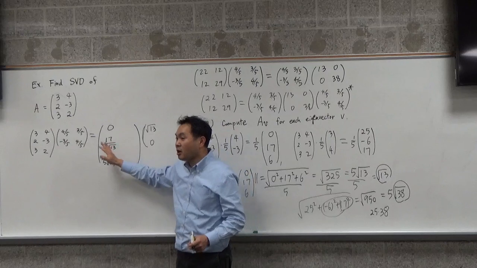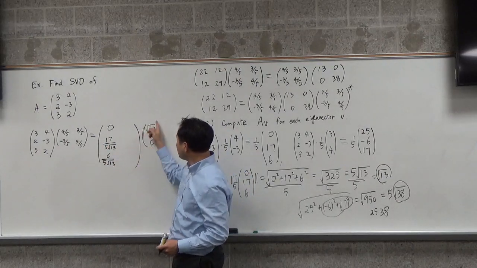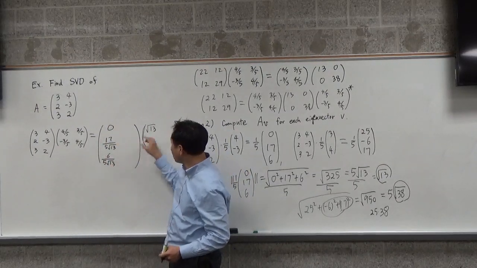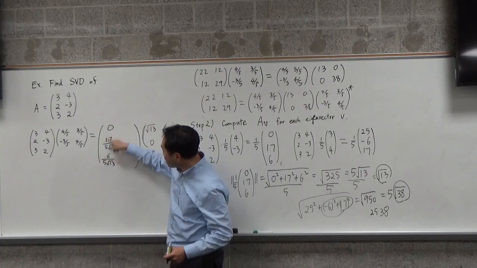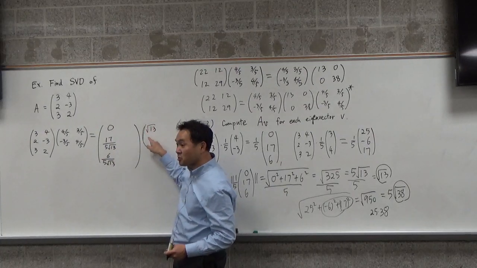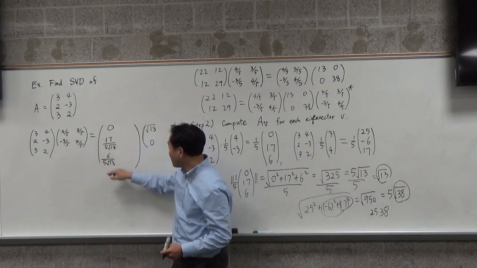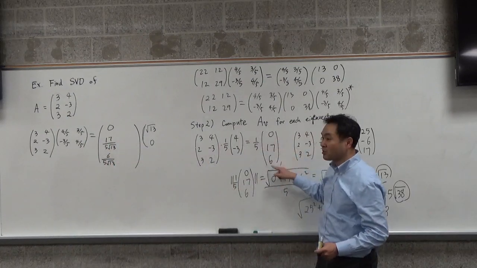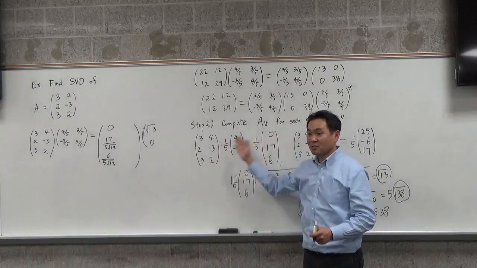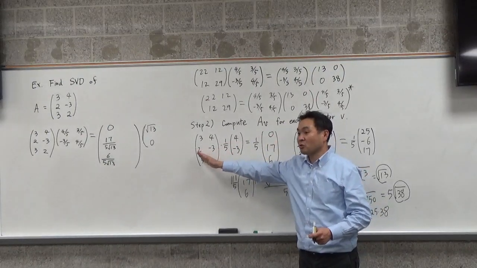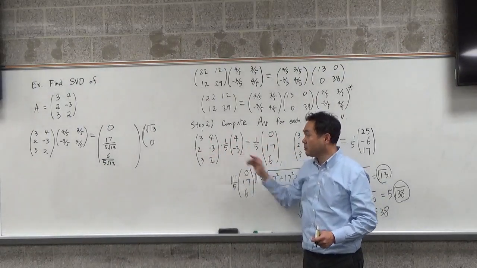So see how things work out here. If you multiply this to this matrix, then only the first column will be multiplied by square root of 13, canceling these two, square root of 13, and what you have now is exactly this vector, which is the result that we got in the first calculation, right?